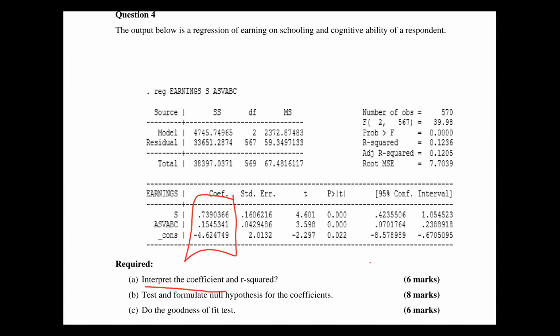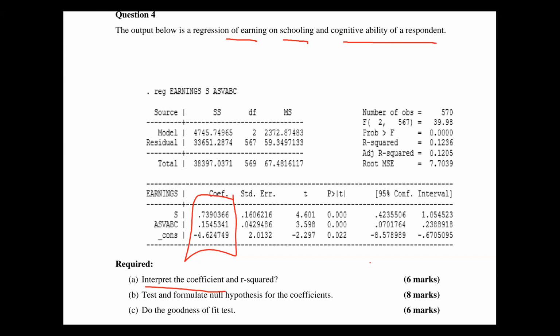So the regression is of the impact of schooling and the cognitive ability of a respondent on what? On earnings.